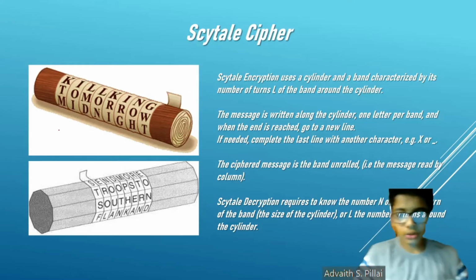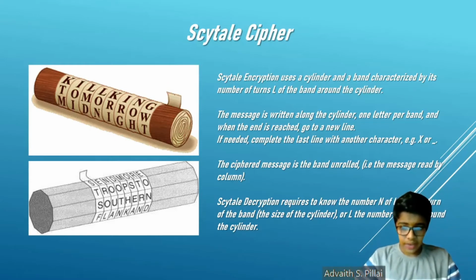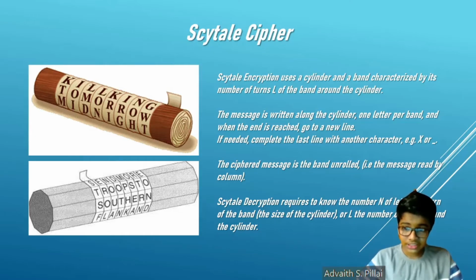Okay guys, if we take a long ribbon of paper, it will be really hard to understand, but if you take the same ribbon and wrap it around a cylinder, you can see the decrypted text, which is "killing tomorrow midnight." This can be used between troops of the military and such.